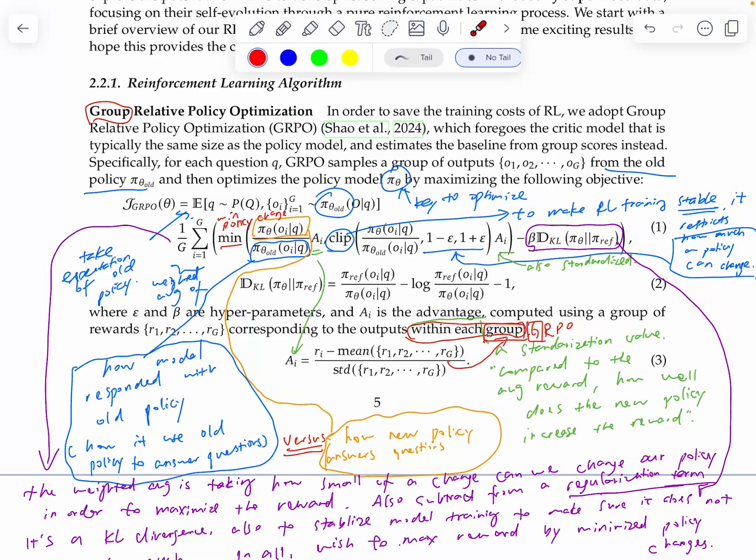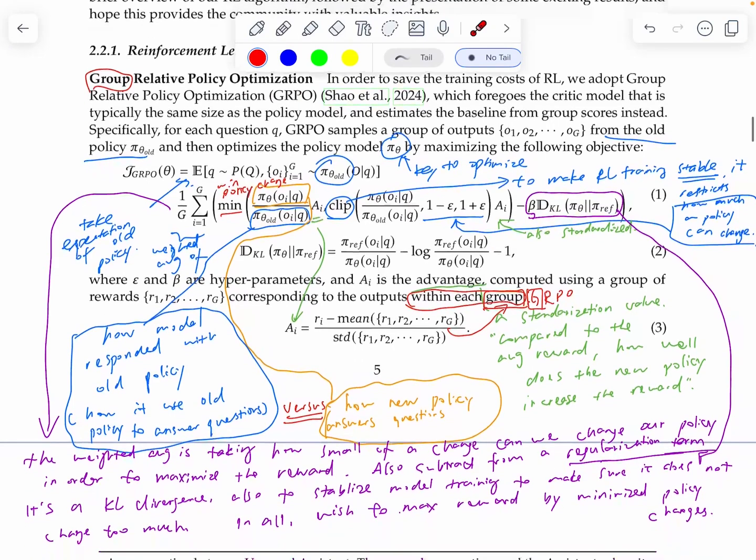It is also a work from their team, and it is a further development of the PPO, right? Later we'll have another episode to talk about the PPO, but here we're going to briefly introduce GRPO.